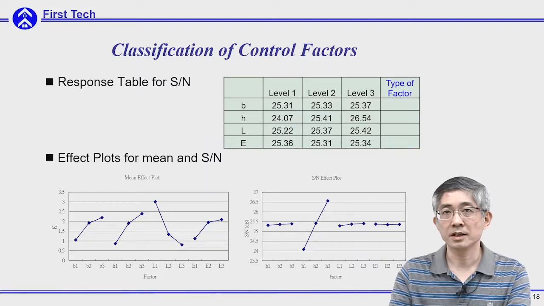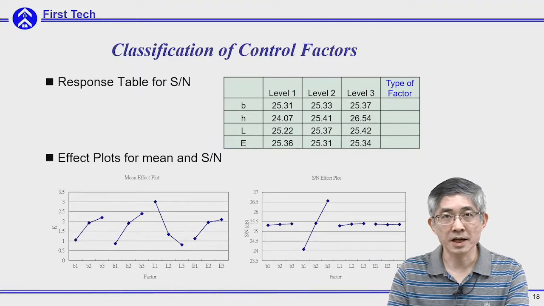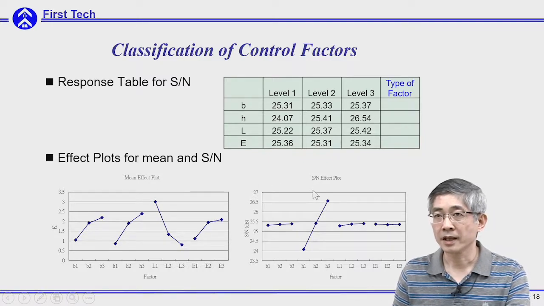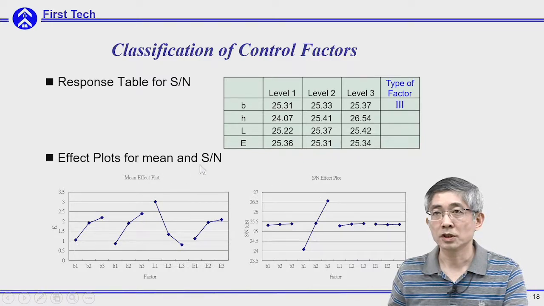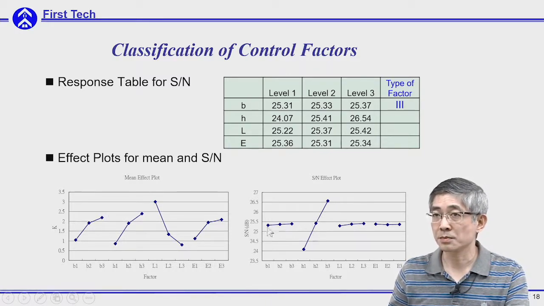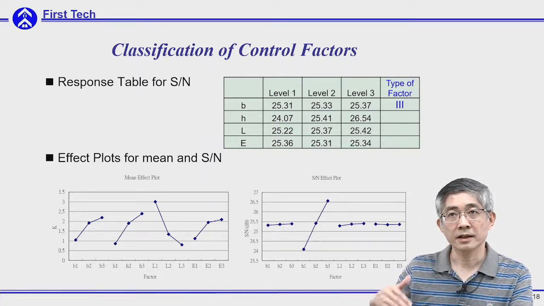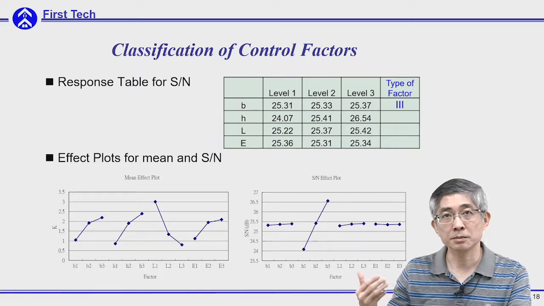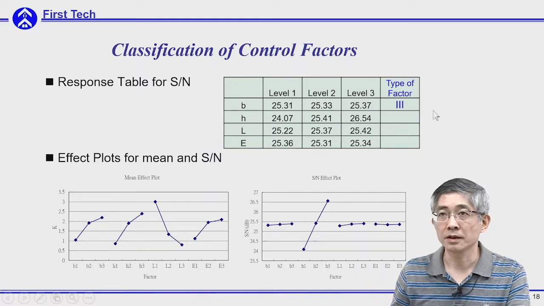Let me use the cantilever beam spring design as an example. This is the effect plot for mean output and SN. Control factor B has an influence on mean output. However, for SN, it's pretty flat, which means it has a small influence on SN, therefore making it a perfect type 3 factor.